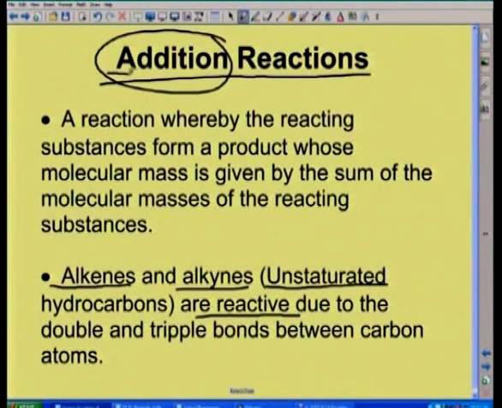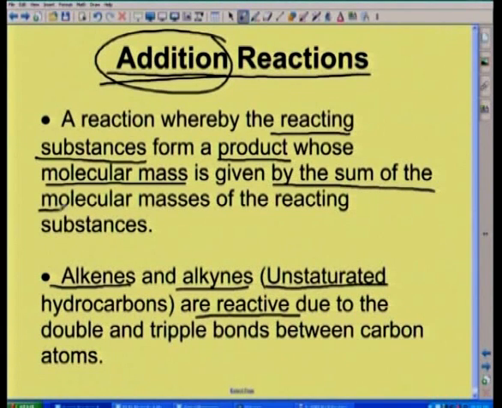So an addition reaction is a reaction whereby the reacting substances form a product whose molecular mass is given by the sum of the molecular masses of the reacting substances. You are not replacing anything, you are just adding, and the masses are added on to give you the mass of the product.